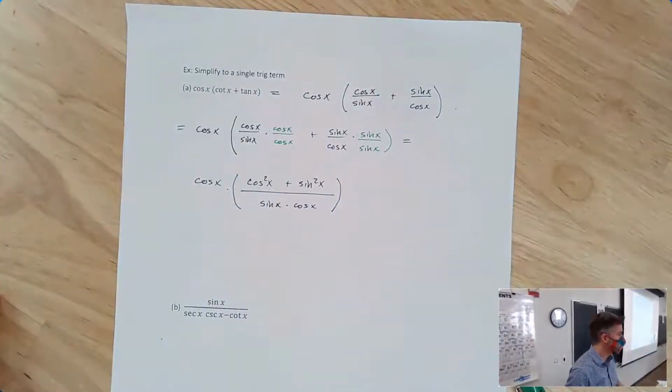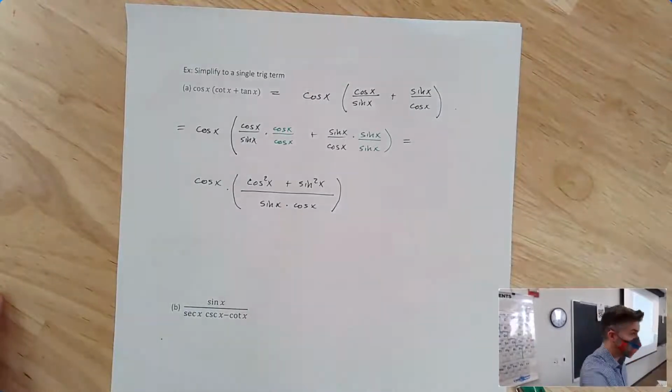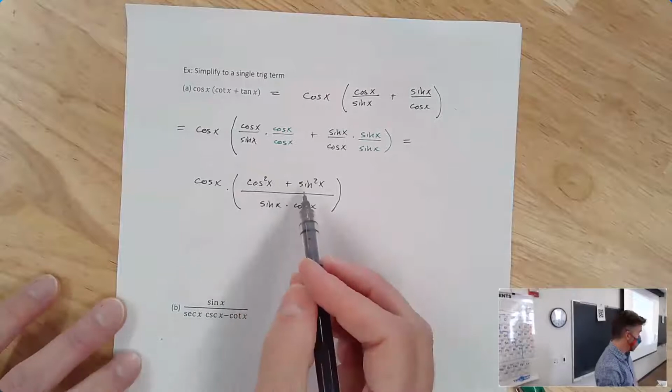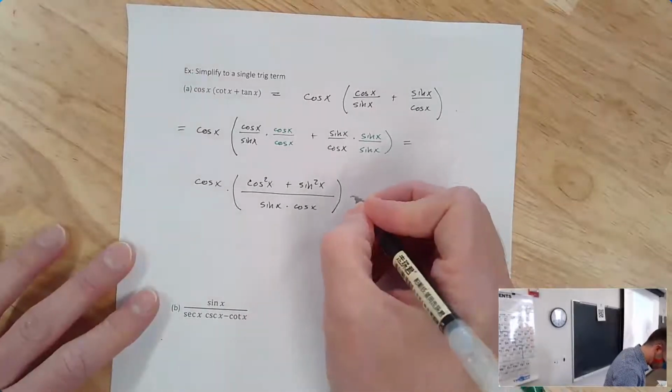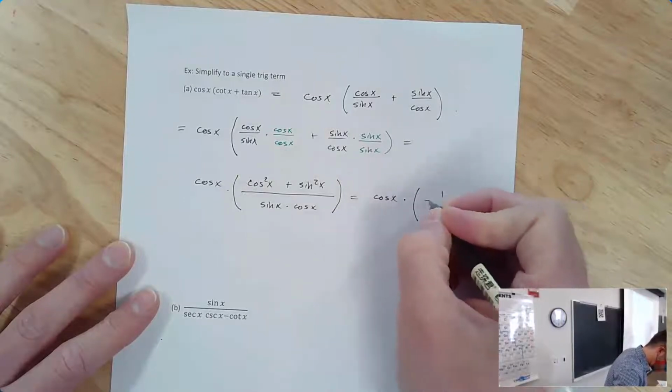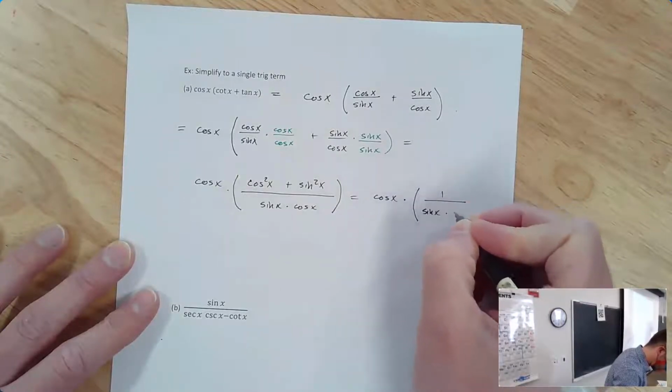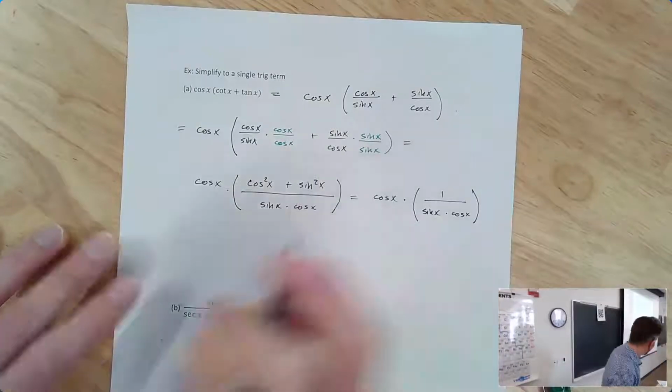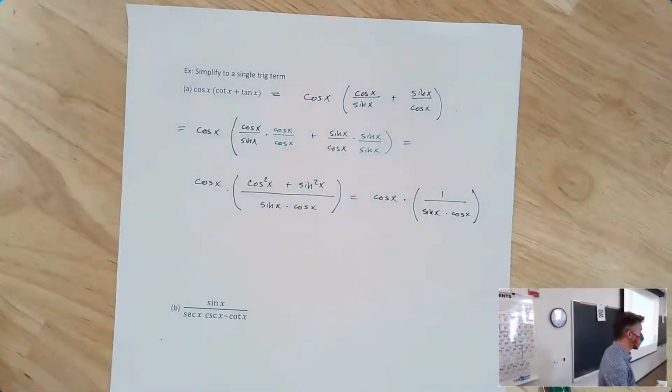What can I do now? Exactly, yeah. Cosine squared x plus sine squared x is equal to 1. So this is exactly cosine of x times 1 over sine of x times cosine of x. What else can I do? Well, I can cancel a cosine.